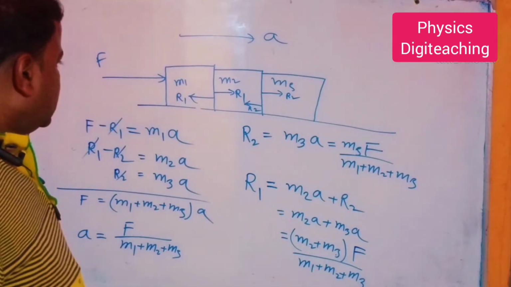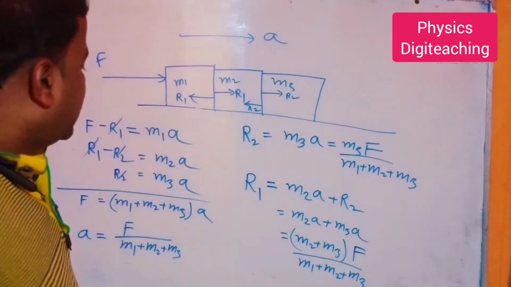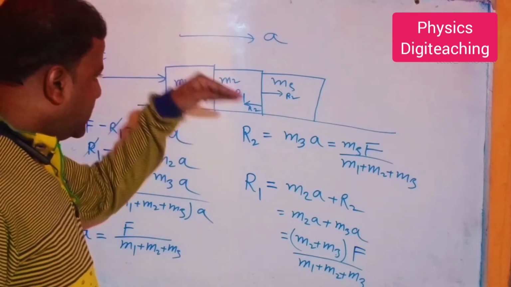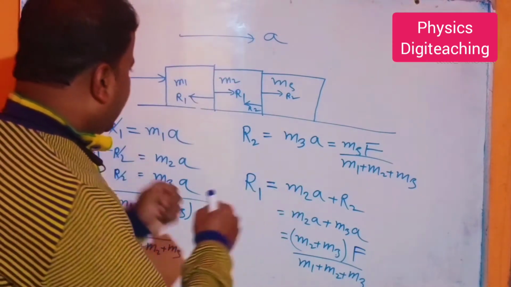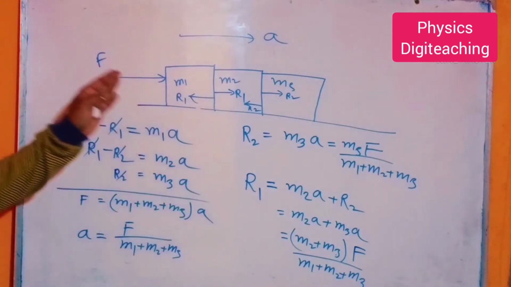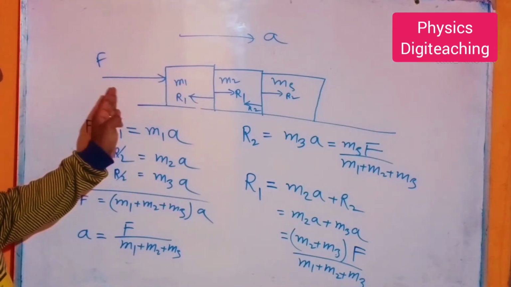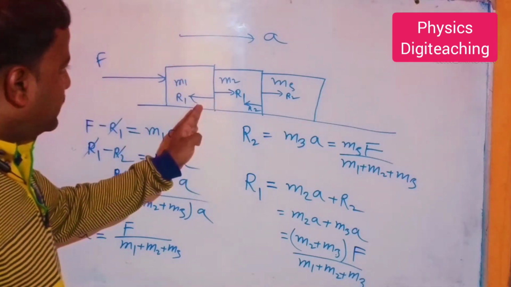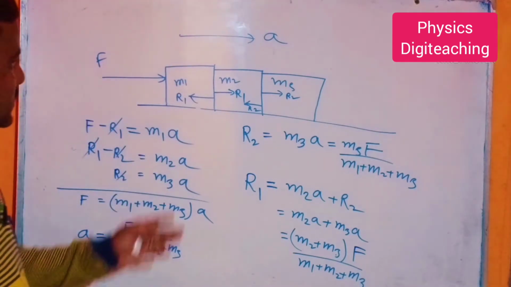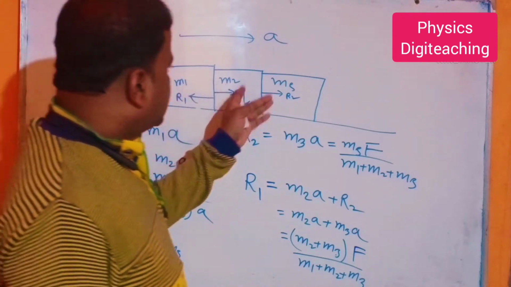So this is a three body system. They are kept on a horizontal smooth plane in contact. We apply a force F on body M1, therefore M1 applies a force on M2, and similarly M2 applies a force on M3.